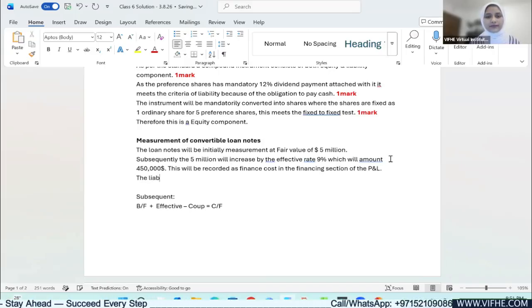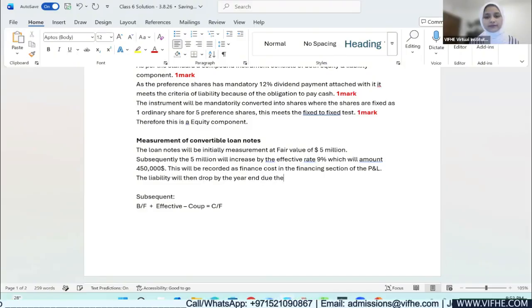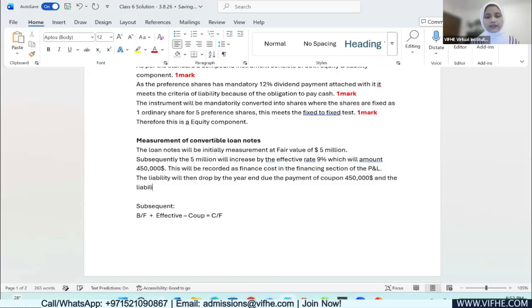The liability will then drop by the year end due to the payment of coupon, $450,000, and the liability by the year end will become 5 million again.